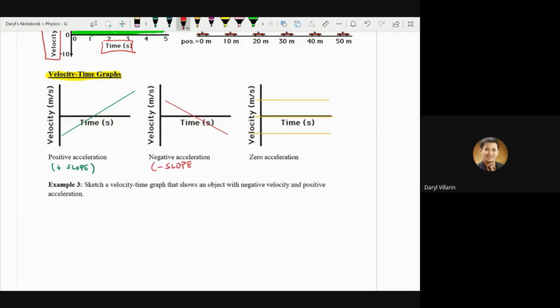Well, if you can see, it's slanting in the opposite direction. And zero acceleration, that would be zero slope. Again, zero slope pertains to delta V is equal to 0. Remember that it is undefined if you have delta T is equal to 0. That's undefined because you cannot have a 0 denominator.